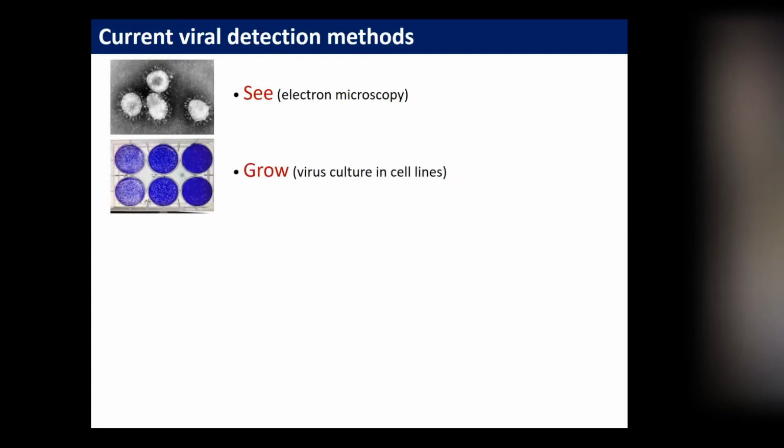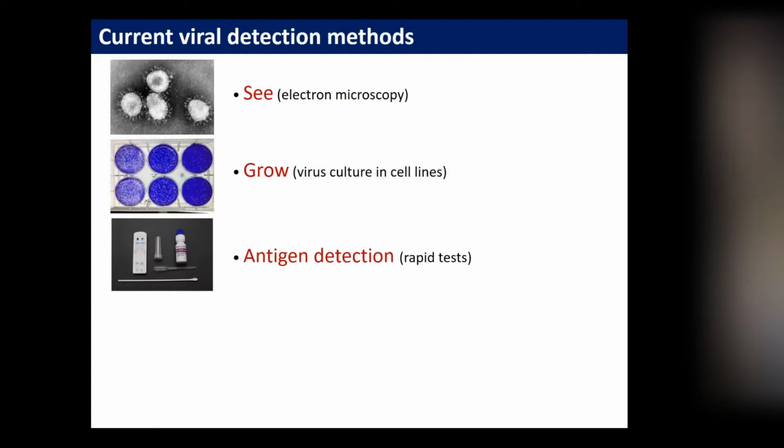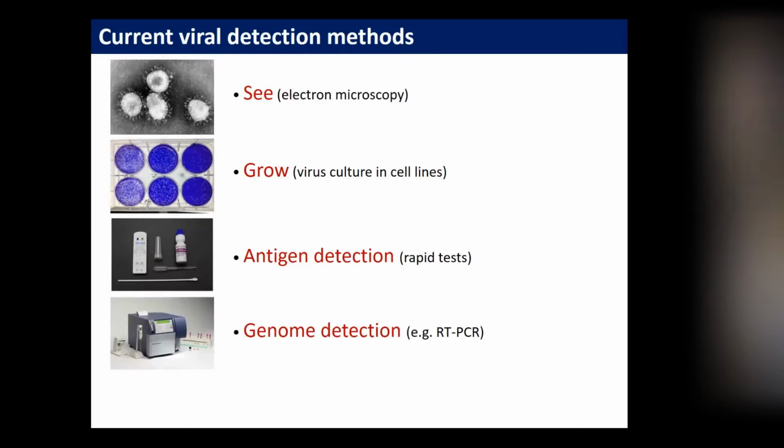You can grow up the virus in culture in cell lines. For some viruses, for influenza, for example, there are rapid tests that look for viral antigens using antibodies. I must say that there are none of these available for SARS-CoV-2 yet. And finally, you can detect the genome of the virus.